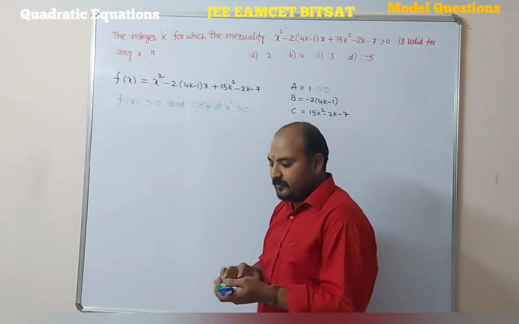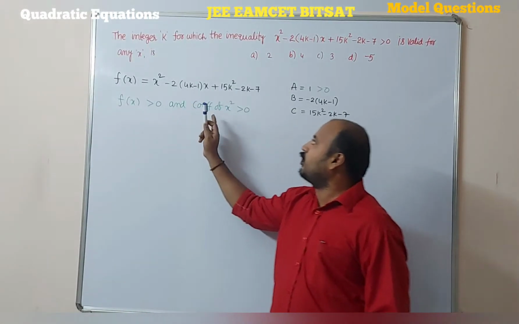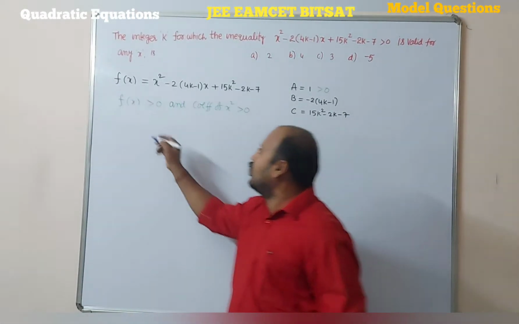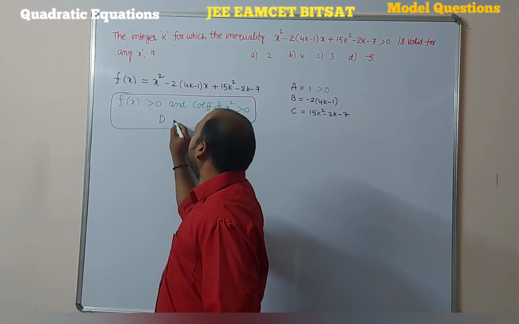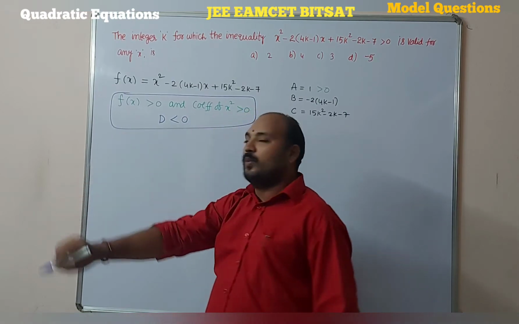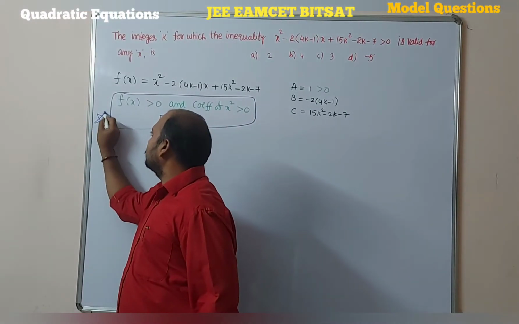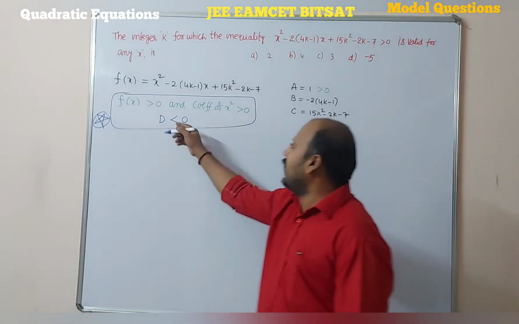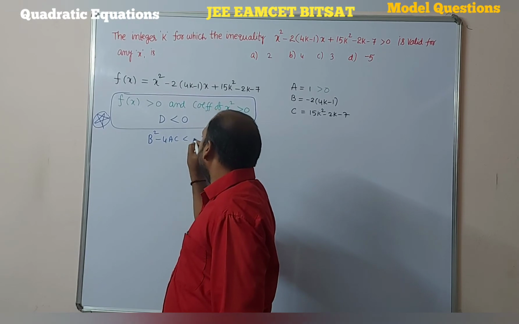We know that if the expression f of x is greater than 0 and coefficient of x square is greater than 0, it represents discriminant is less than 0. This is very important point, dear students. So discriminant means b square minus 4ac is less than 0.